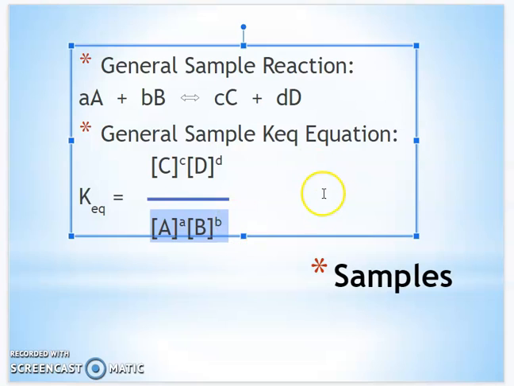So really this is products over reactants, and that's something that you do need to keep in mind. But again, A is raised to the lowercase a, which you see here, and B is raised to the power of the lowercase b, which you'll see there. And when we write these expressions later, you will actually be using numbers for these things.